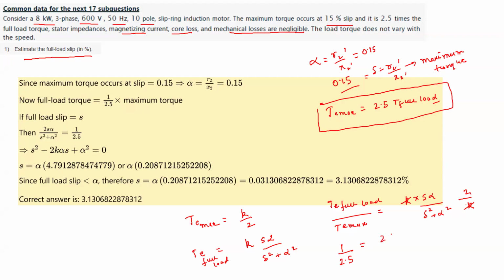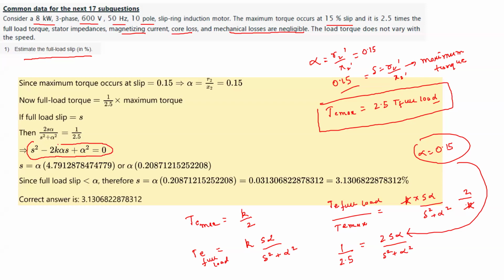And here we are left with 2s alpha by s square plus alpha square. We know alpha is 0.15, and the ratio 2.5 is also known. So this is a quadratic equation in s, and we have to solve it.